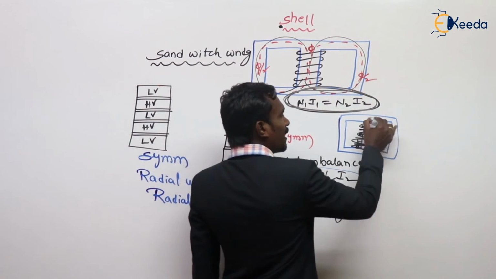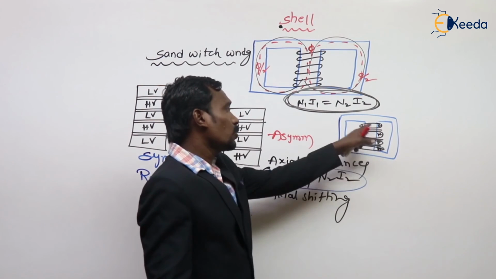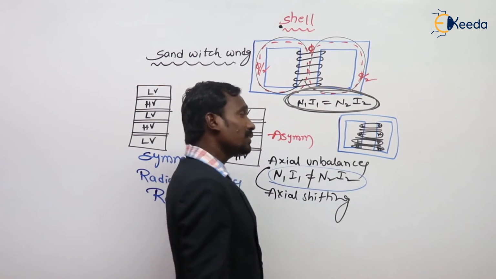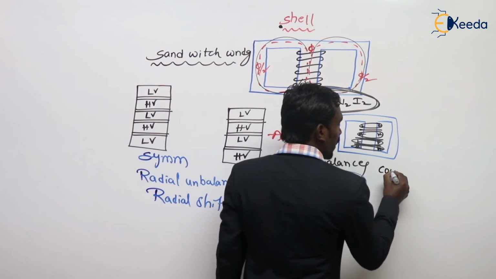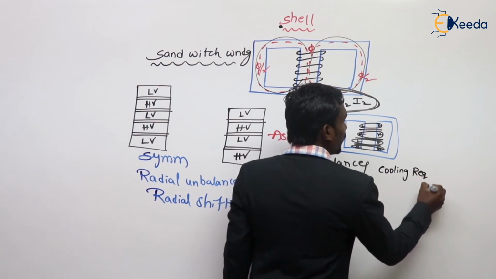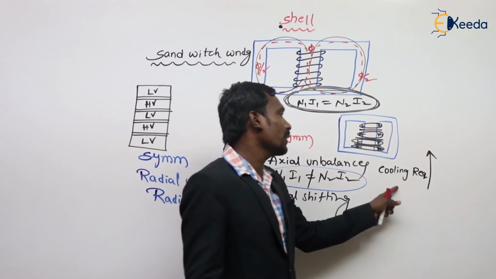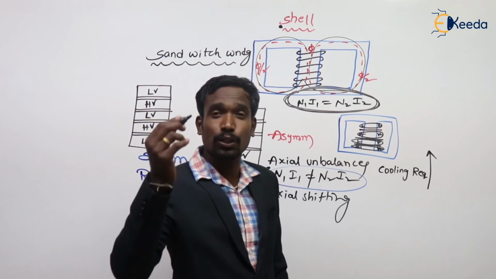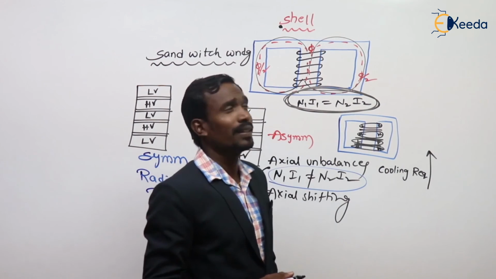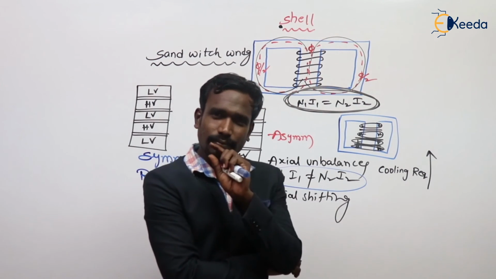Here the total winding is inside the core. That's why the cooling requirement is more. In shell type transformer, the cooling requirement is more compared to core type. So this is about the shell type.